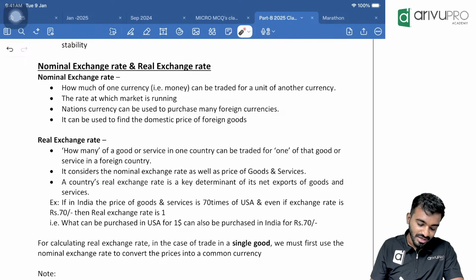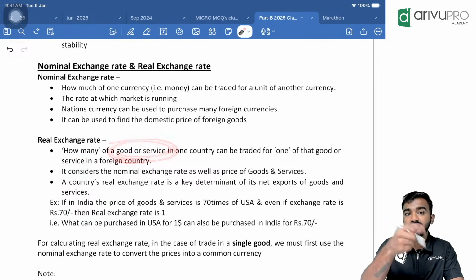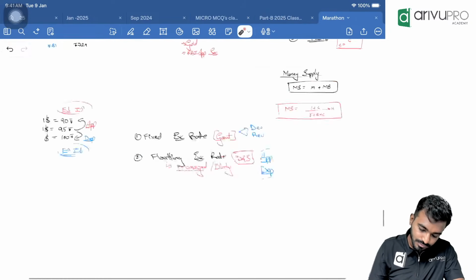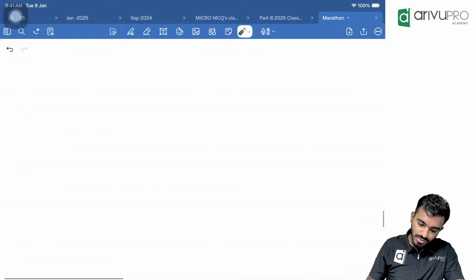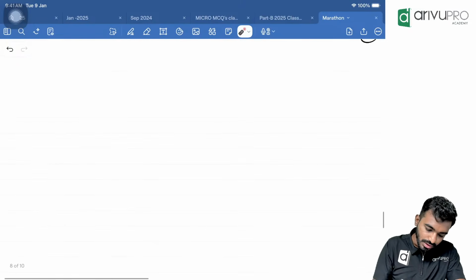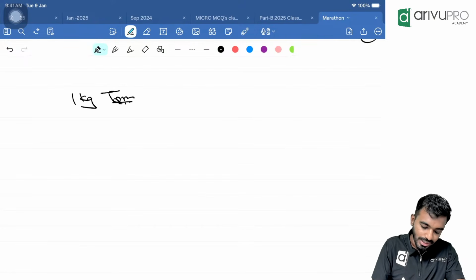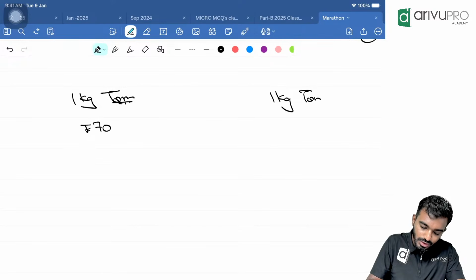In the real exchange rate, we are trying to understand the nation's currency in terms of goods and service value between nations. Let's say, for example, in India 1 kg tomato, let's assume, is 70 rupees. The same 1 kg tomato in USA is $1.5.